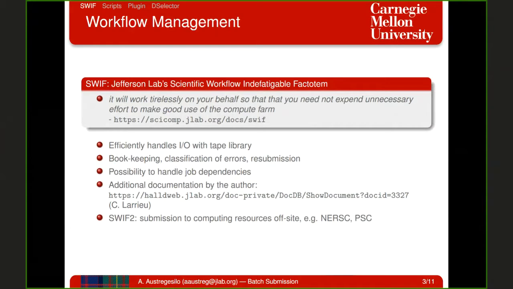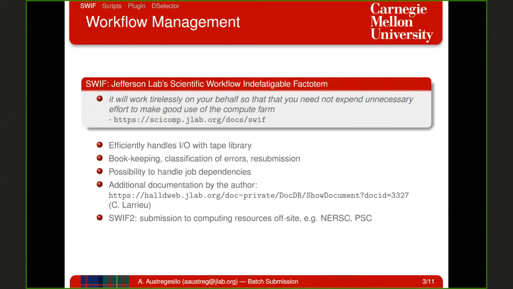Can also handle job dependencies, so you can submit a job that depends on the successful finishing and completion of another job. You can do things like this. And there's some documentation on the SciComm website and also here in this document that the author Chris gave at a collaboration meeting a few years back.